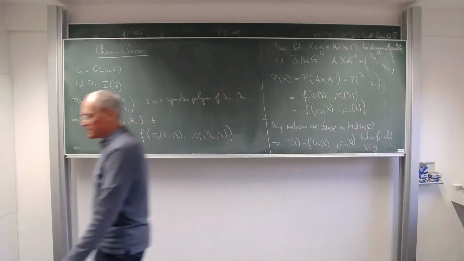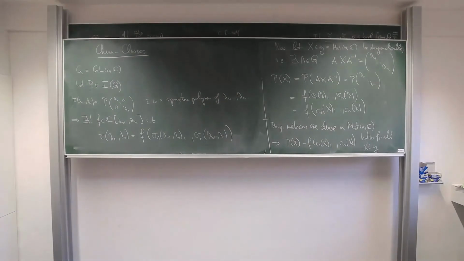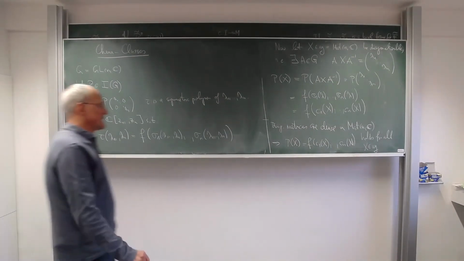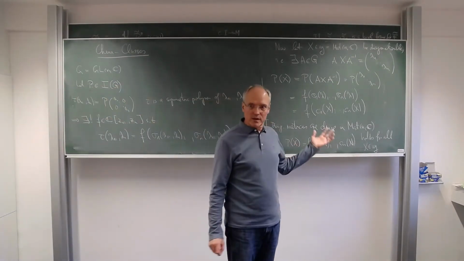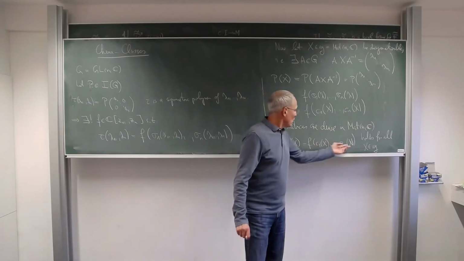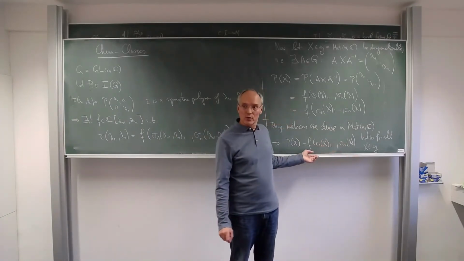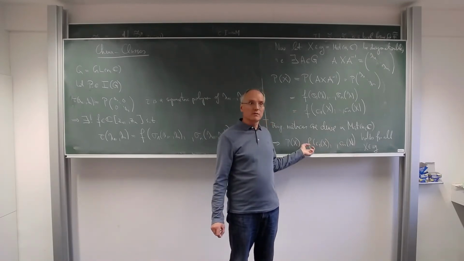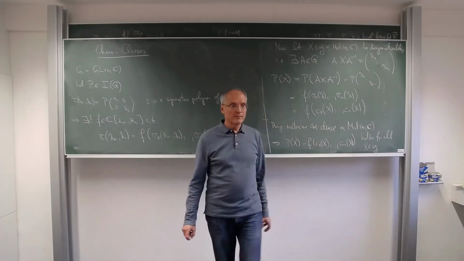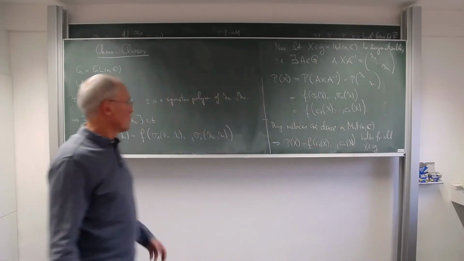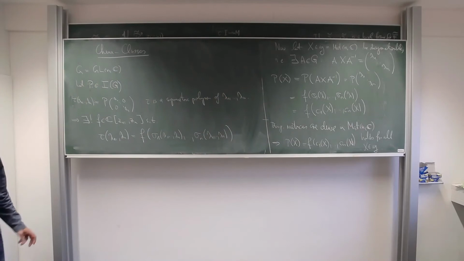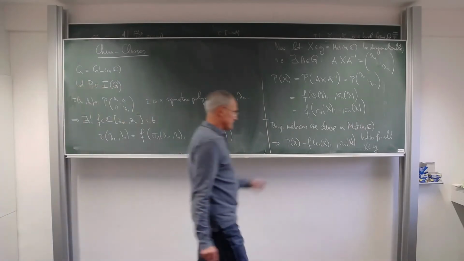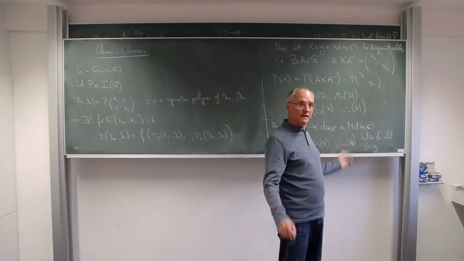What does this tell us? Well, this tells us that basically, in some sense, the Chern classes are the only characteristic classes we have to care about. Because all other characteristic classes for complex vector bundles can be expressed by some universal polynomial in terms of Chern classes. So this is one of the reasons why these Chern classes are so important, because they basically generate everything.